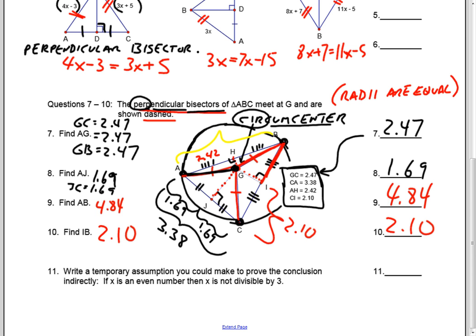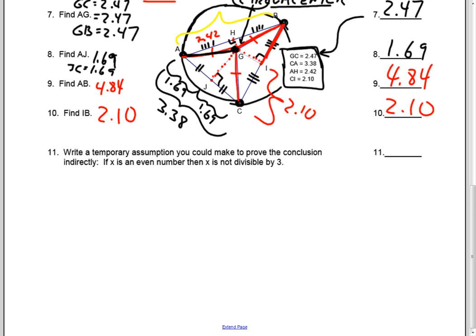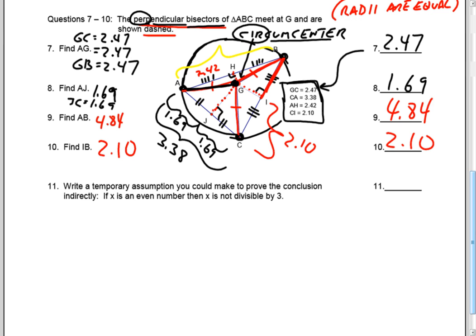And we'll end today with number 11, something new. Underline the word indirectly. For an indirect proof, I want to make a temporary assumption that is opposite.